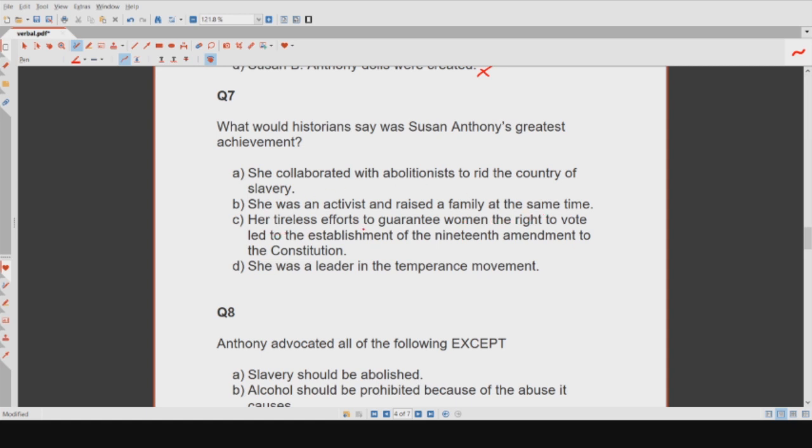Her tireless efforts to guarantee women the right to vote led to the establishment of the 19th Amendment to the Constitution. She was a leader in the temperance movement. The answer for this is C. Her tireless efforts to guarantee women the right to vote led to the establishment of the 19th Amendment to the Constitution.